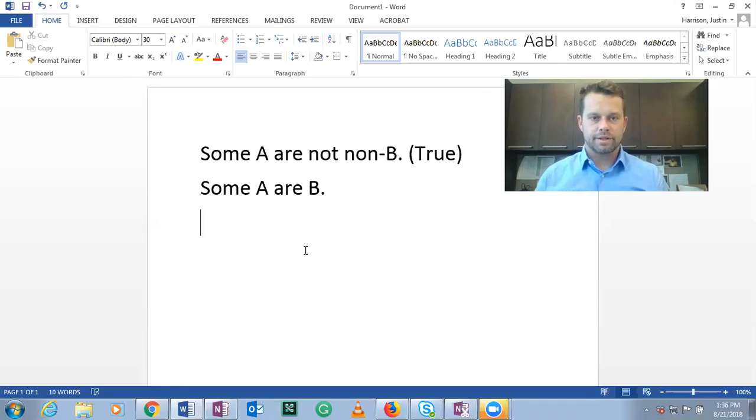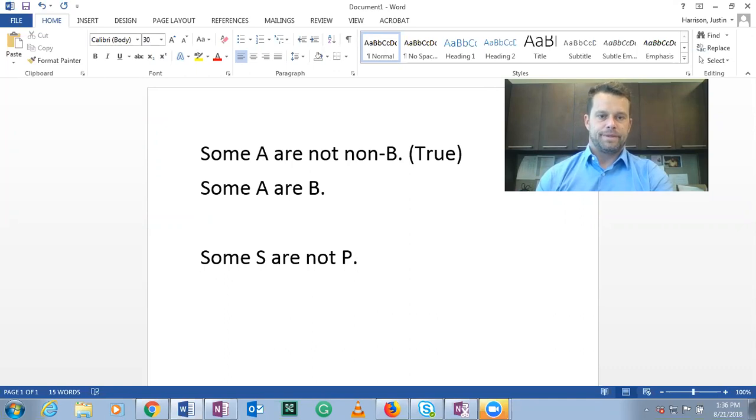Now remember what I said earlier, don't get your nots and your nons mixed up. Because really what the first statement is saying is some S are not P, where non-B is in the place of P. So really this is an O form statement. So we've identified the statement.